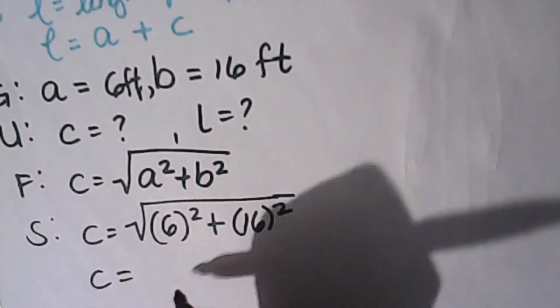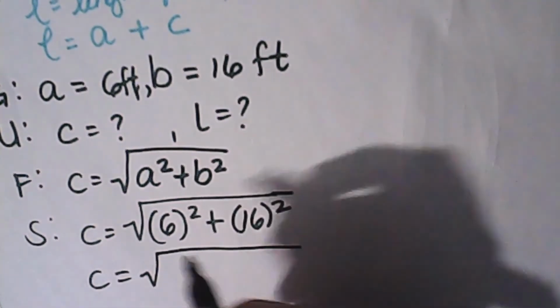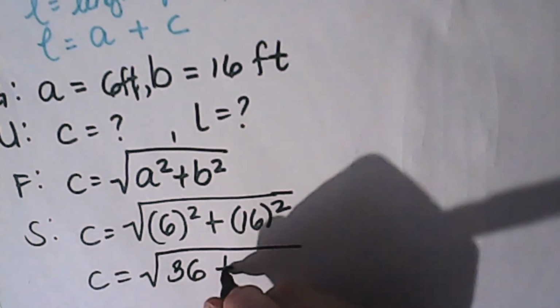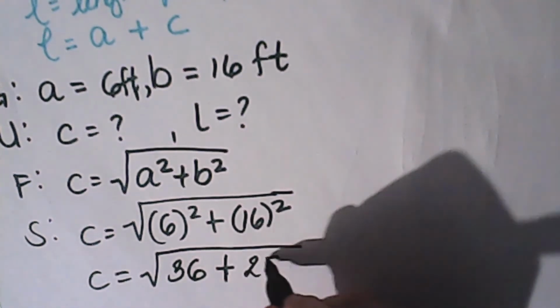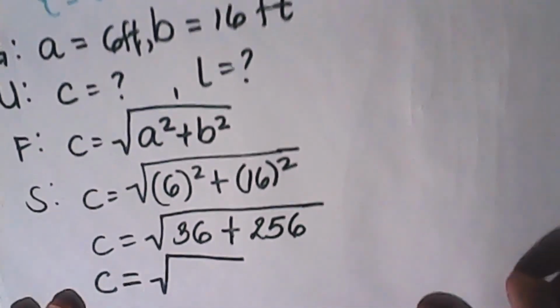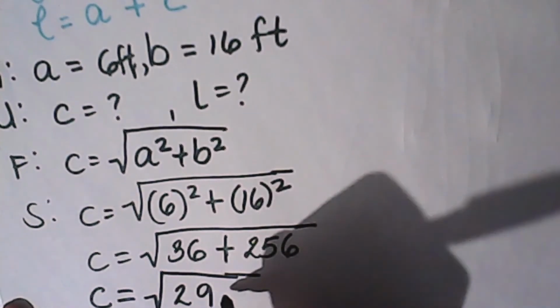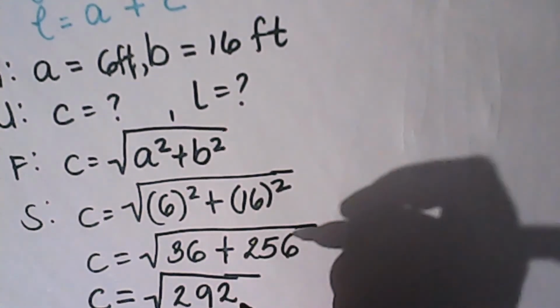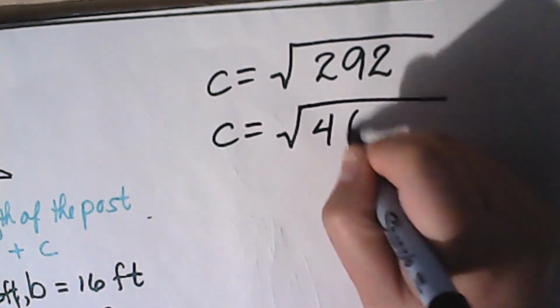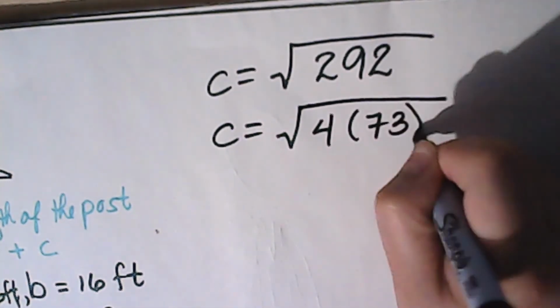So C is equal to the square root of 6 squared, which is 36, plus 16 squared, which is 256. C is equal to the square root of 292. 292 can be expressed as 4 times 73.